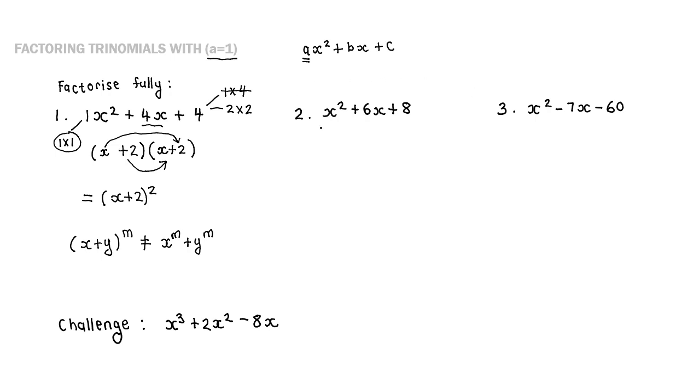Let's go for example number 2. Again, we have this coefficient of 1 over here in front of the x squared. The factors of 1 is just 1 times 1. What are the factors of 8? Well, the first one is 1 times 8. The second one, divide this by 2, it's going to be 2 times 4.